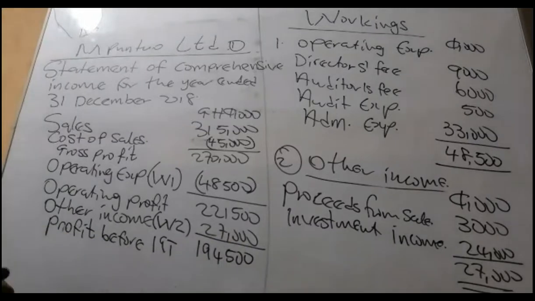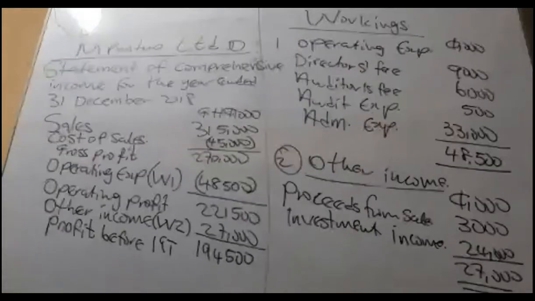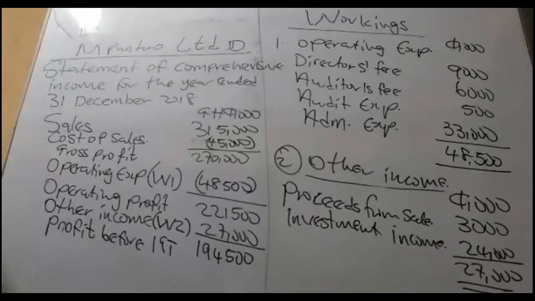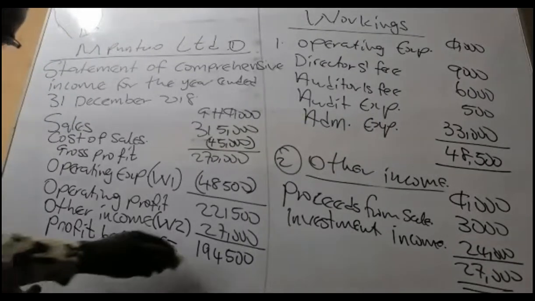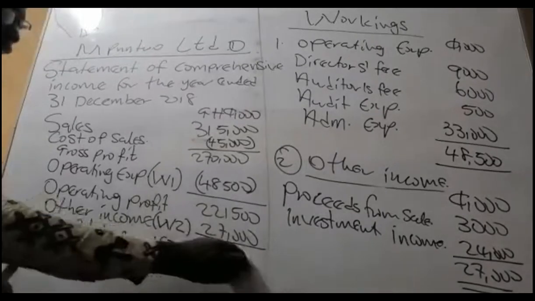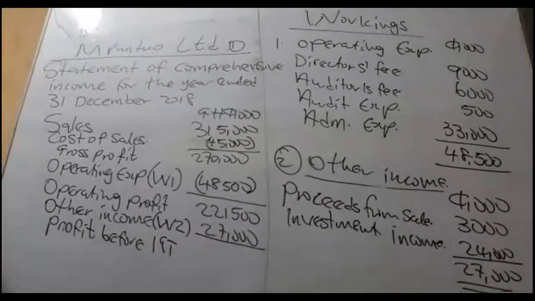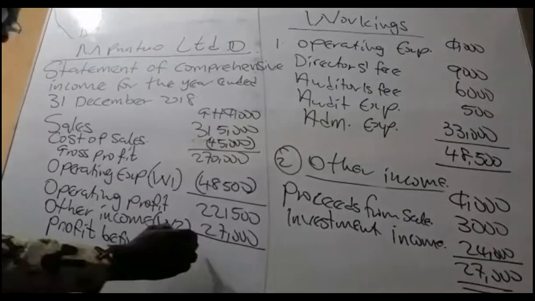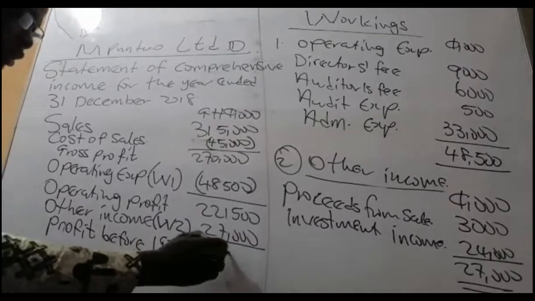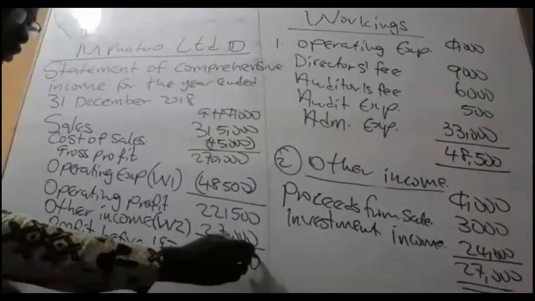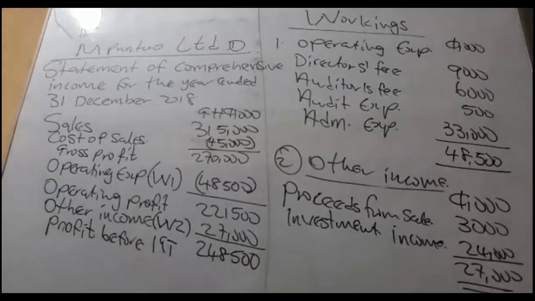So that's the profit before interest and tax. Okay, so it's an income. So we need to do what? Add. So therefore, we will get 248,500. Good. So that is it.